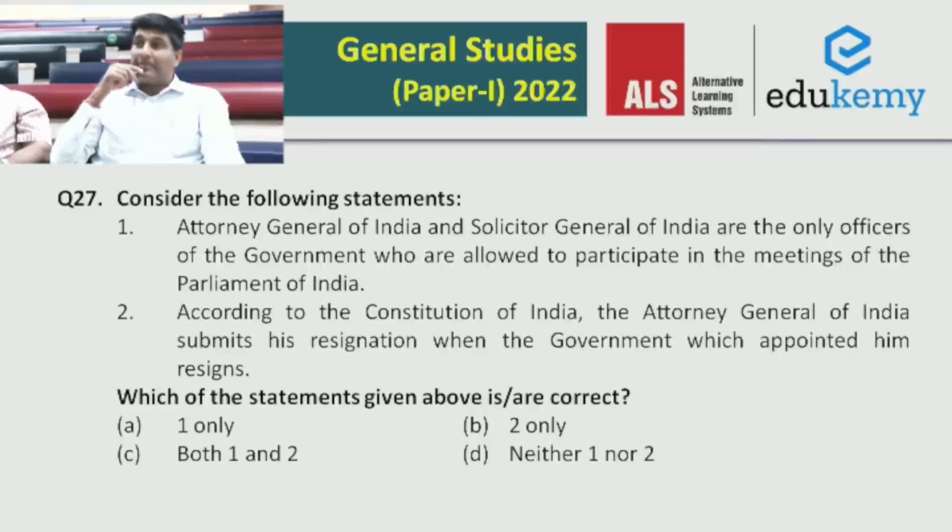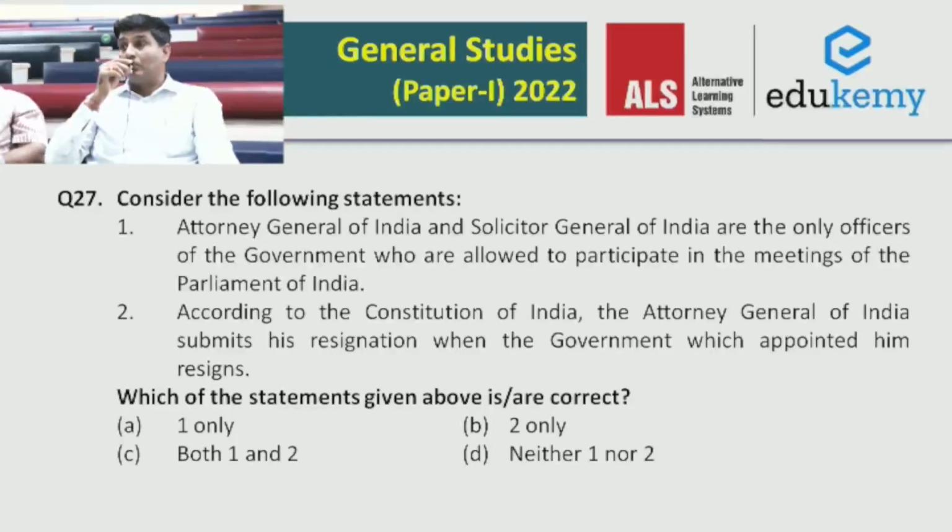And from where did we pick this tradition? From the British parliamentary system. But in the British system, the Attorney General is part of the British cabinet. In India, the Attorney General, though not part of the cabinet, on some occasions behaves like a cabinet member, and whenever there is a change of guard at the center, the Attorney General will also resign, because the provision of the Constitution is that the Attorney General holds office during the pleasure of the President.